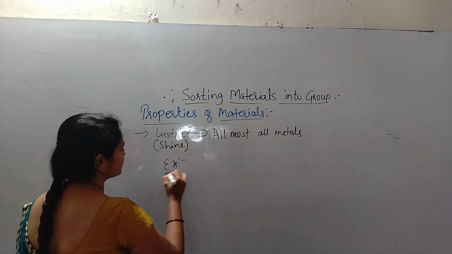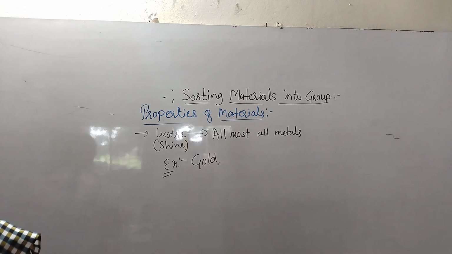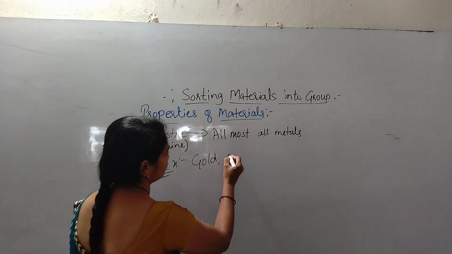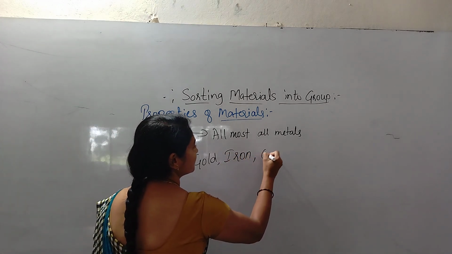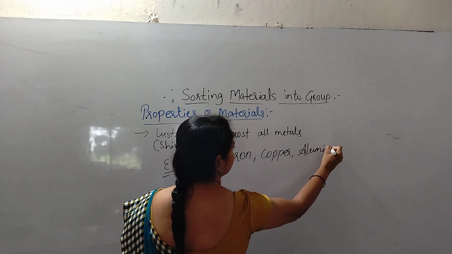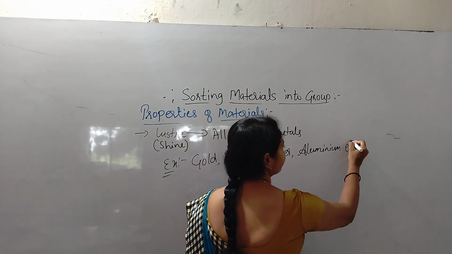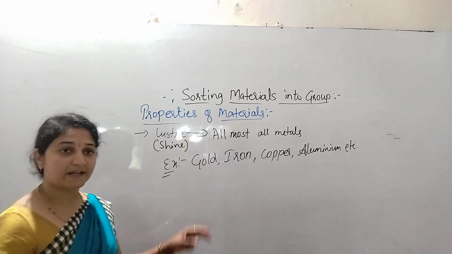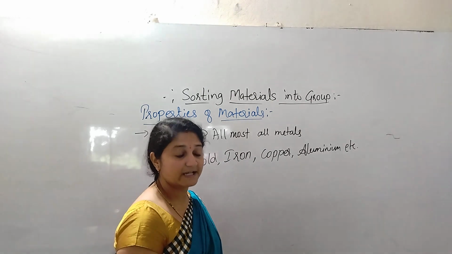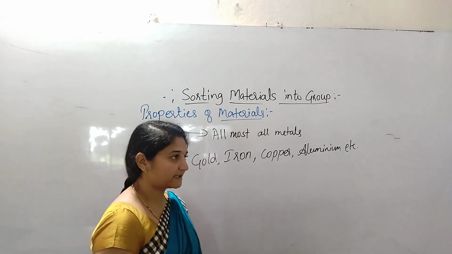What are those examples? Especially gold. Gold shows the luster. Gold and copper, aluminium, etc. These show that when the surface is freshly cut, that surface shows the luster property. Luster means shiny. So it is also one of the properties of that material.